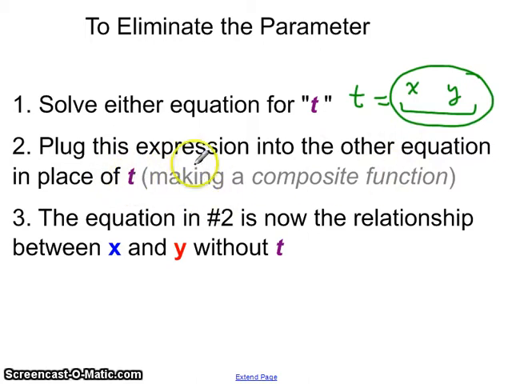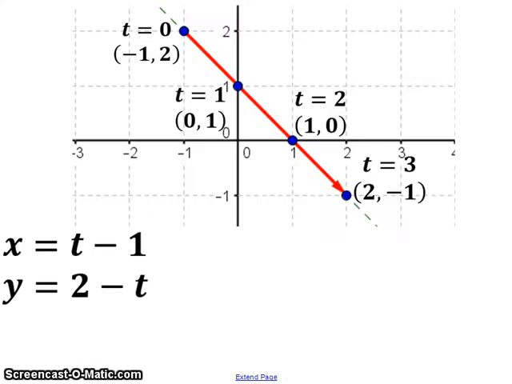And this actually forms what's called a composite function, if you remember that maybe from the beginning of the year. So we'll have a function of a function. And so now the equation from this step is the relationship between x and y without t. So let's see how that works in practice.